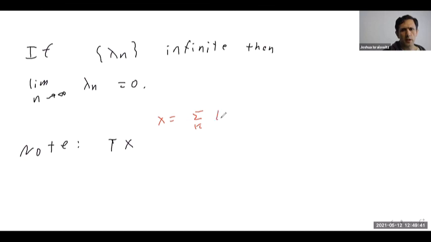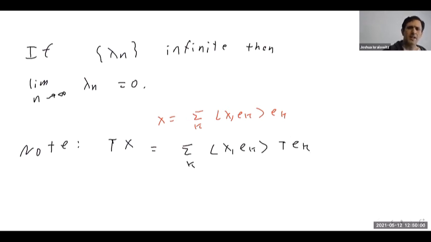So it's the sum of <x, e_k> e_k. So Tx is going to be, T is bounded, so it's continuous, the sum of <x, e_k> T e_k. But e_k is an eigenvector with corresponding eigenvalue lambda k.